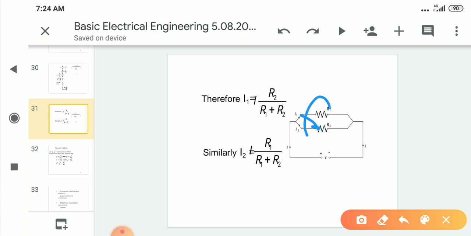For I2 its opposite resistance is R1. That's why we remember it easily as I1 is equal to total current I into its opposite resistance by the sum of the resistances.